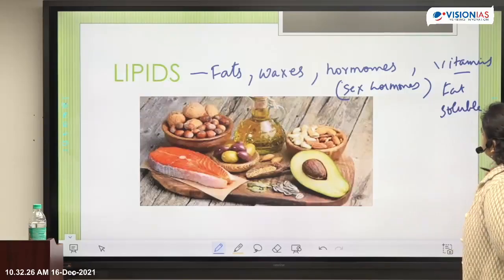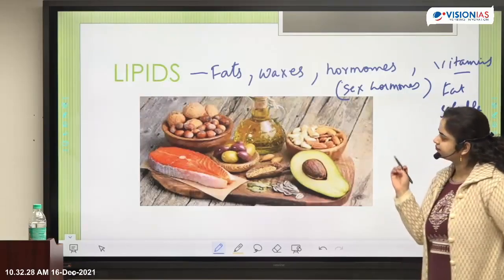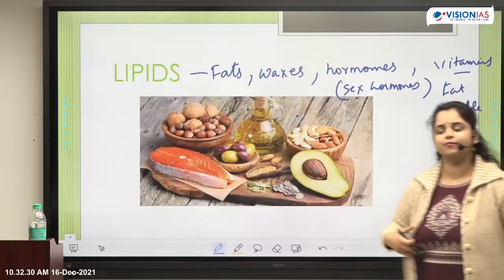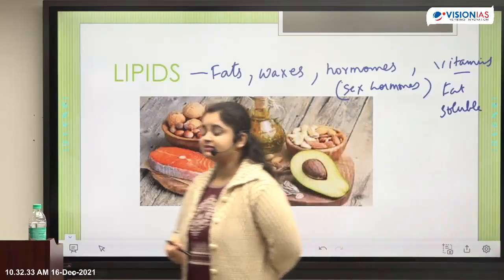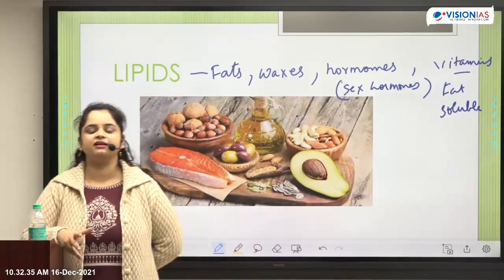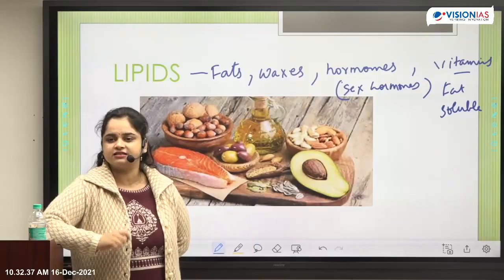Other than this, lipids or fats in our body, we do not normally understand them to do anything good, but they are very, very essential.